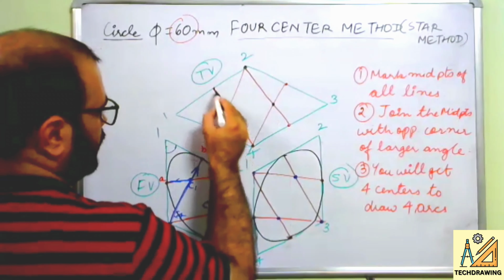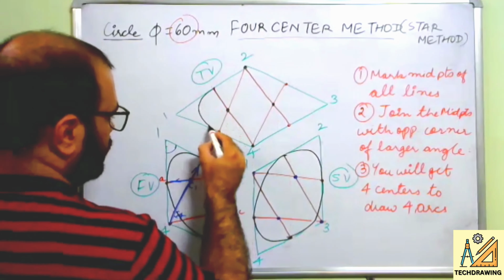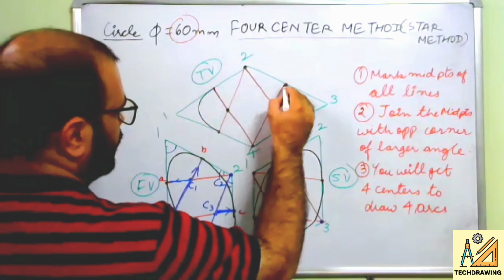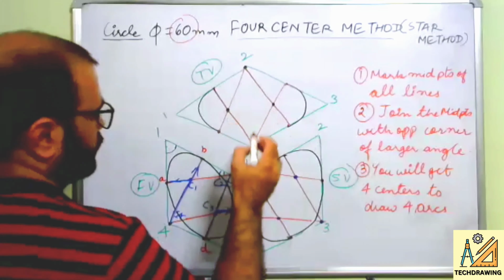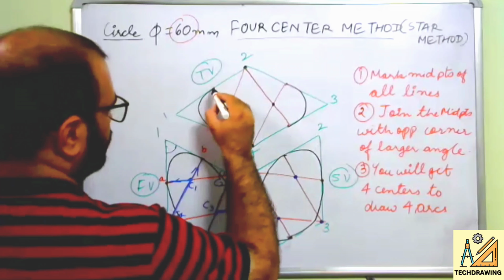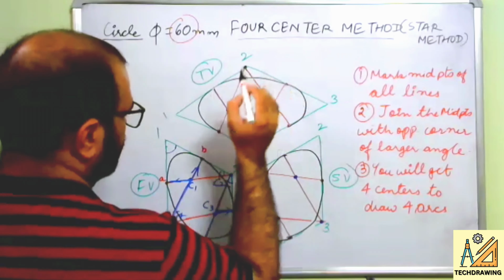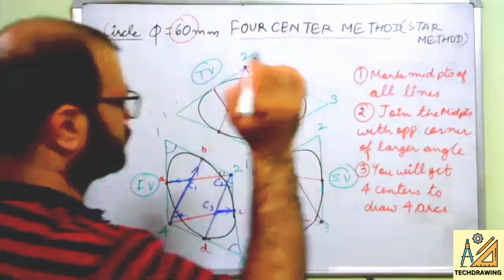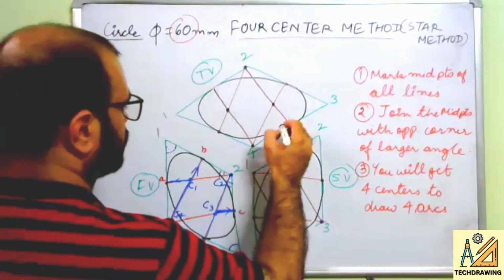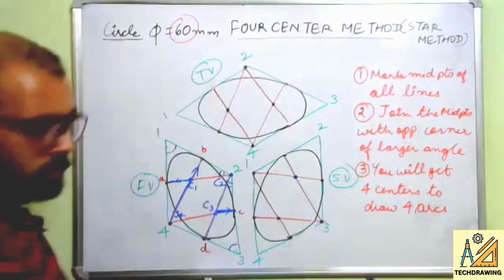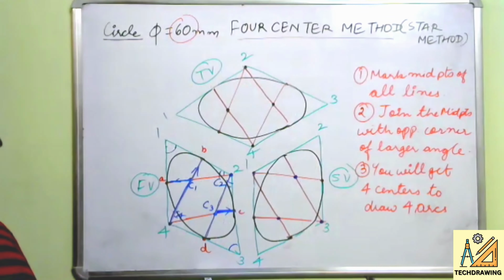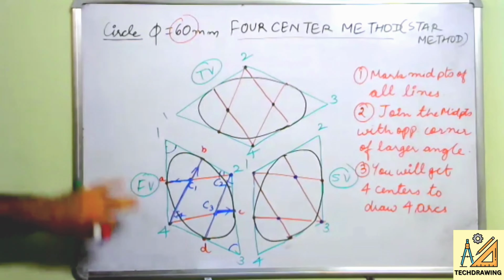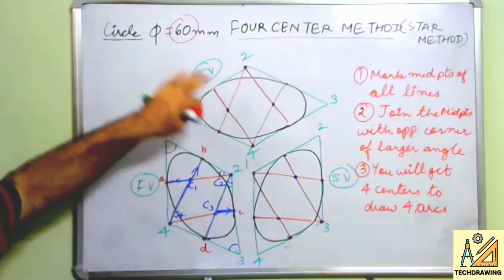Keep your compass here, open till this point, mark an arc. Keep it here, open till here, mark an arc. Keep it here, open till this point, mark an arc. Keep it here, open till here, mark an arc like this. So this is all about drawing the isometric front view, top view, and side view of a circle.